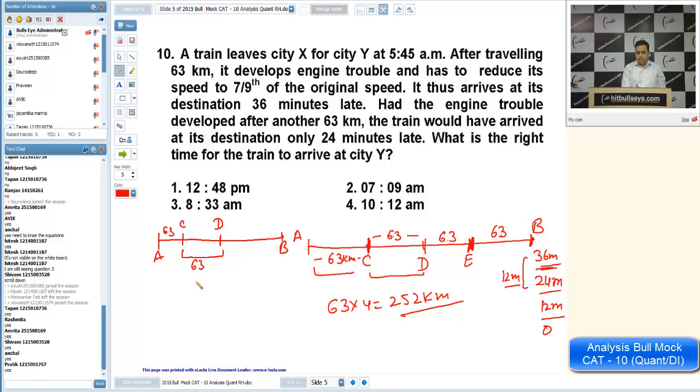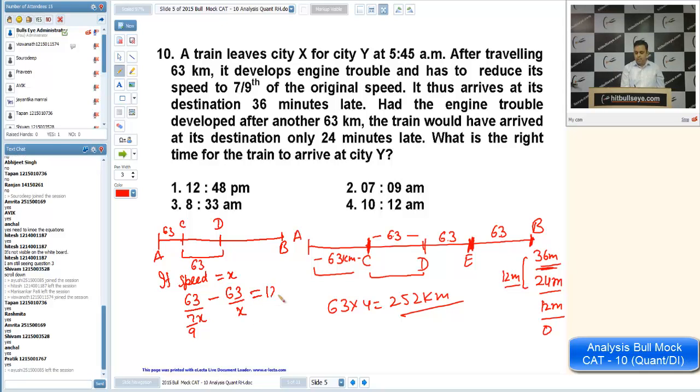So from here, if the speed of the train is, let us say, x kilometers per hour, then we can say that 63 divided by 7/9 of x, the time taken by the train to reach from C to B, minus 63 by x. Now this is a time difference which is equal to 12 minutes.